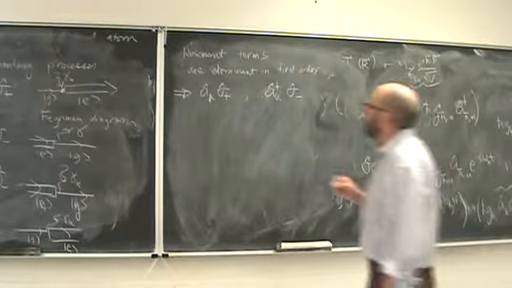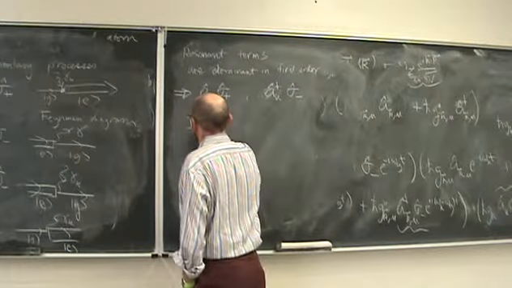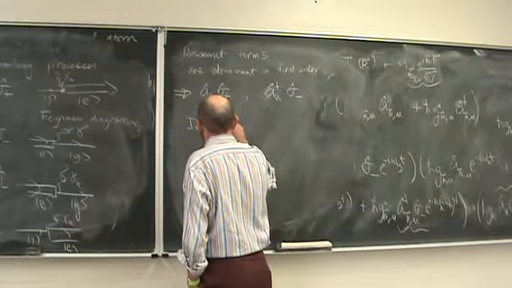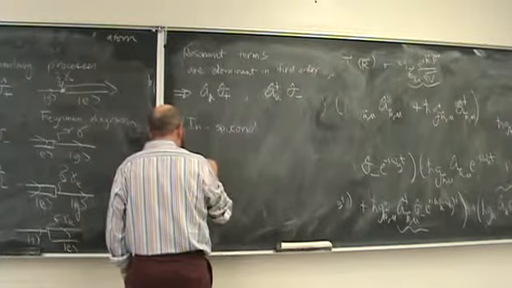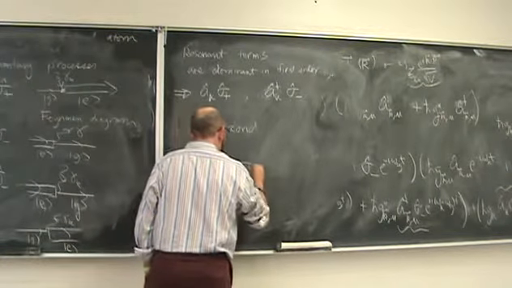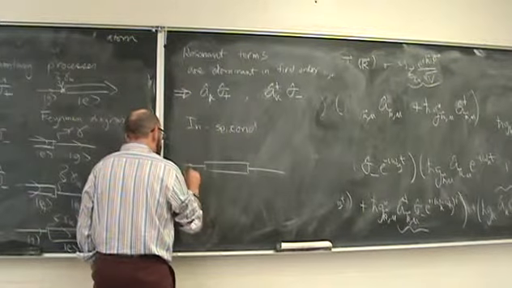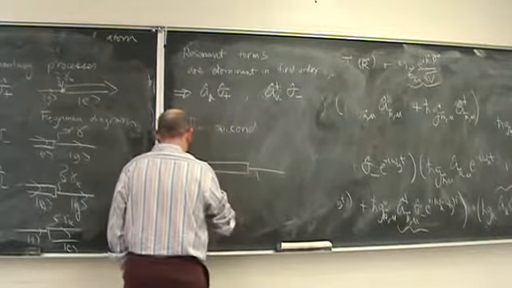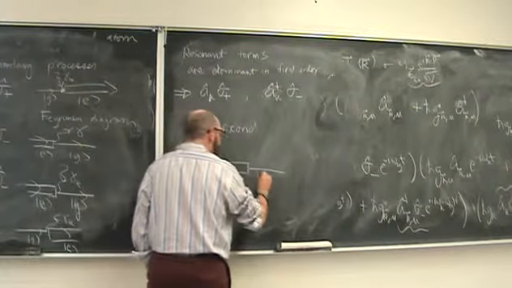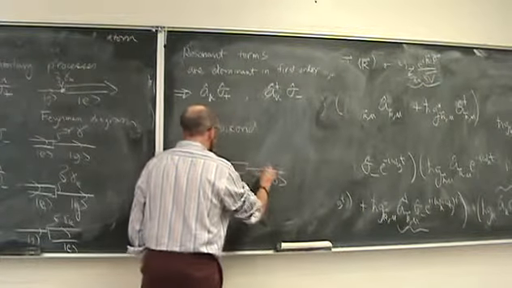But in second order, we can have the following kind of thing that totally conserves energy, where I start in the ground state with no photons. I end in the ground state with no photons.